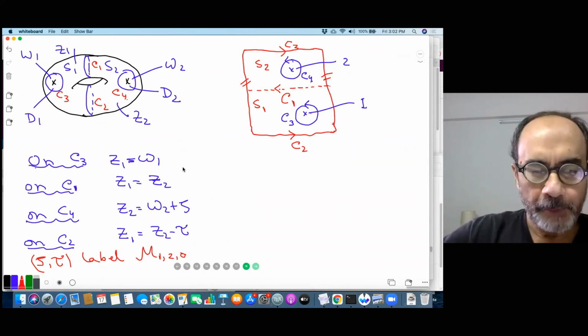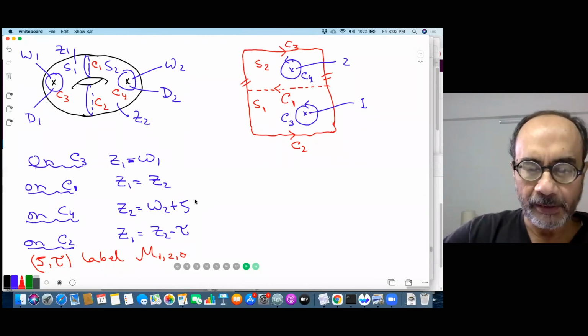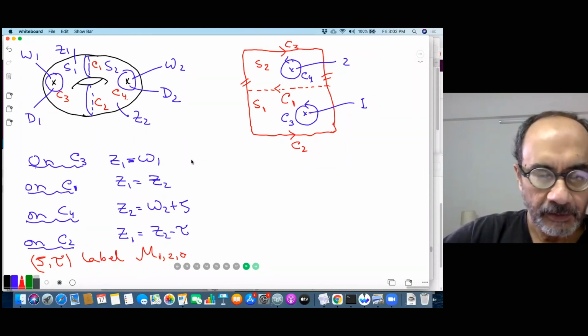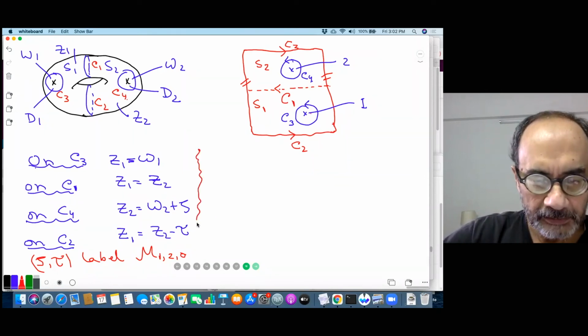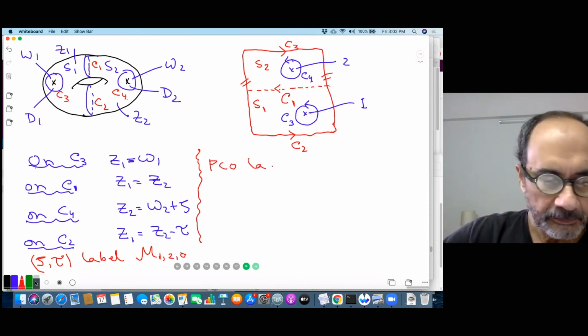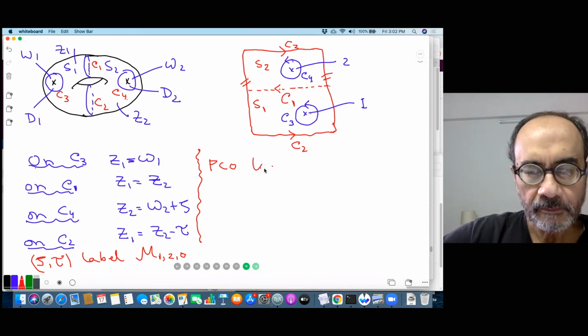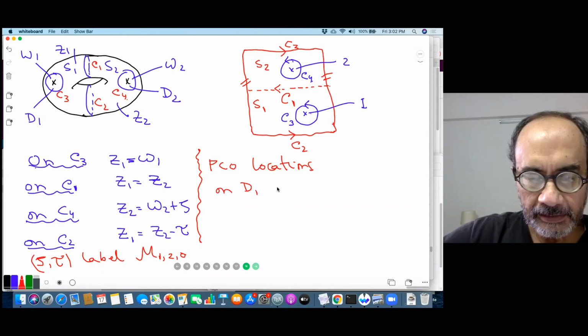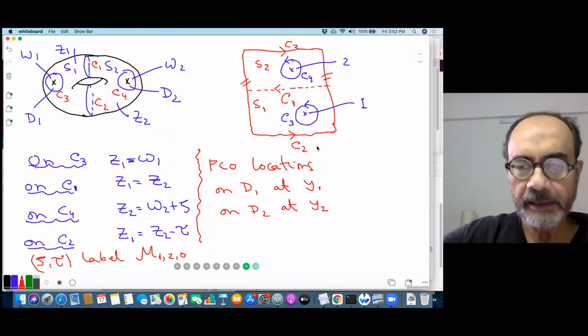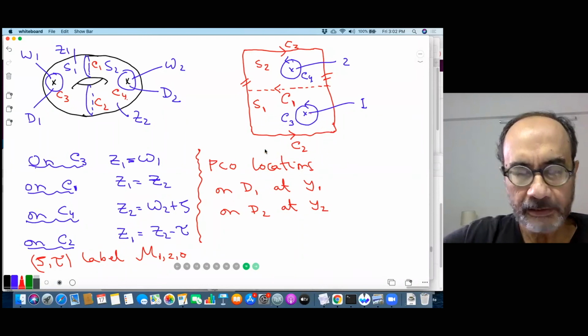Now I have to also specify PCO locations. Again, we'll choose some particular section. We are not trying to do the most general thing. So let's take the PCO locations to be one of them on D1 at Y1 and on D2 at Y2.